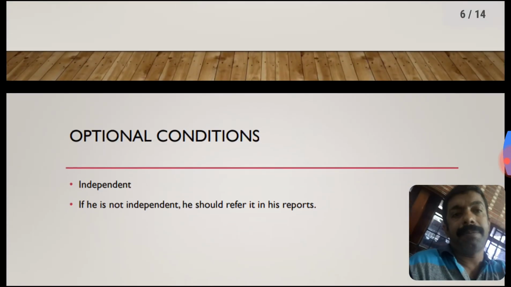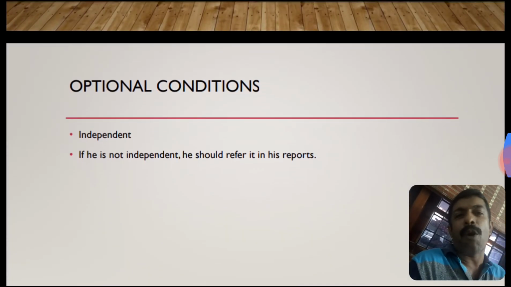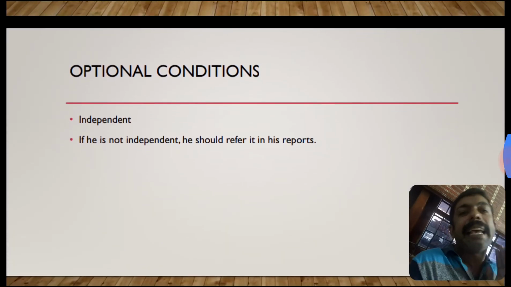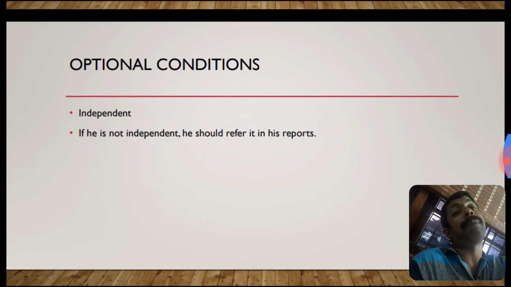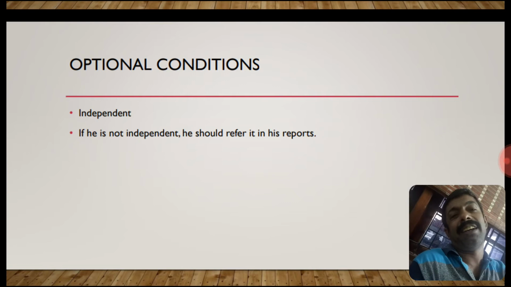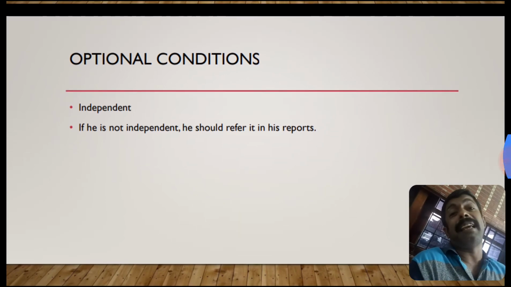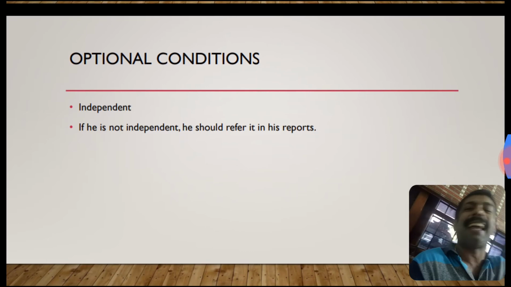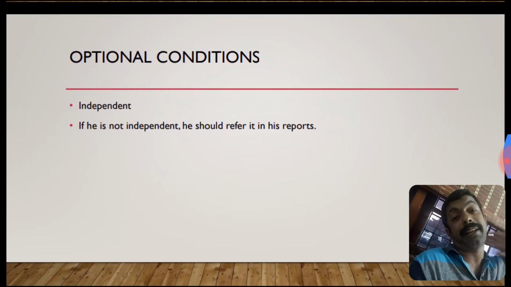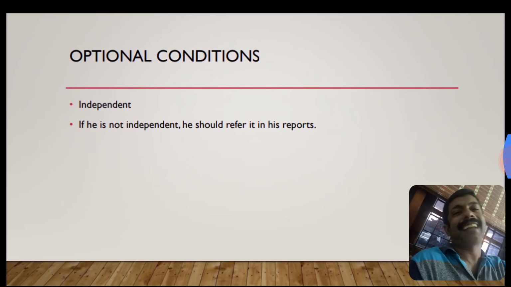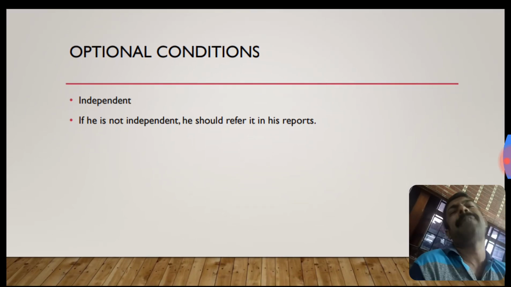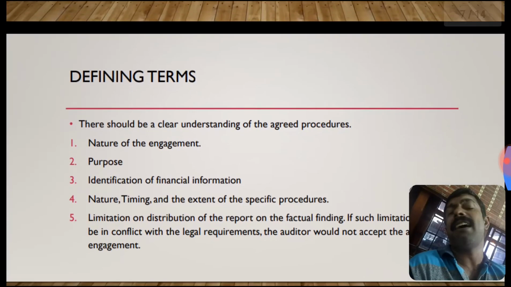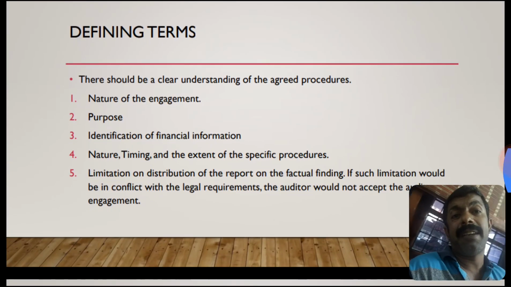But independence is an optional condition. Here the audit is related to the third party, not directly to the client. So independence becomes least important. If the audit is connected with the client, it is least important. If the auditor is connected with the third party, also least important. So it is an optional standard. Independence is an optional standard.